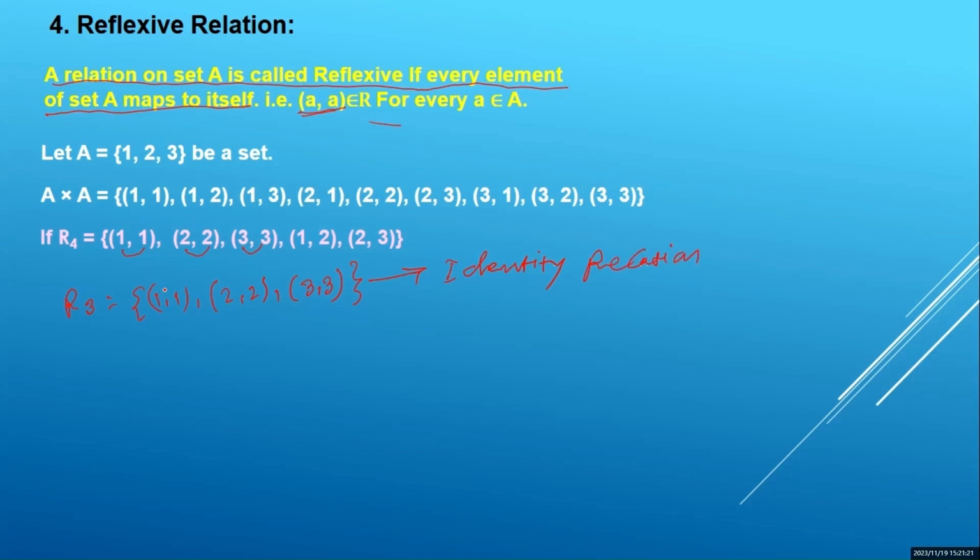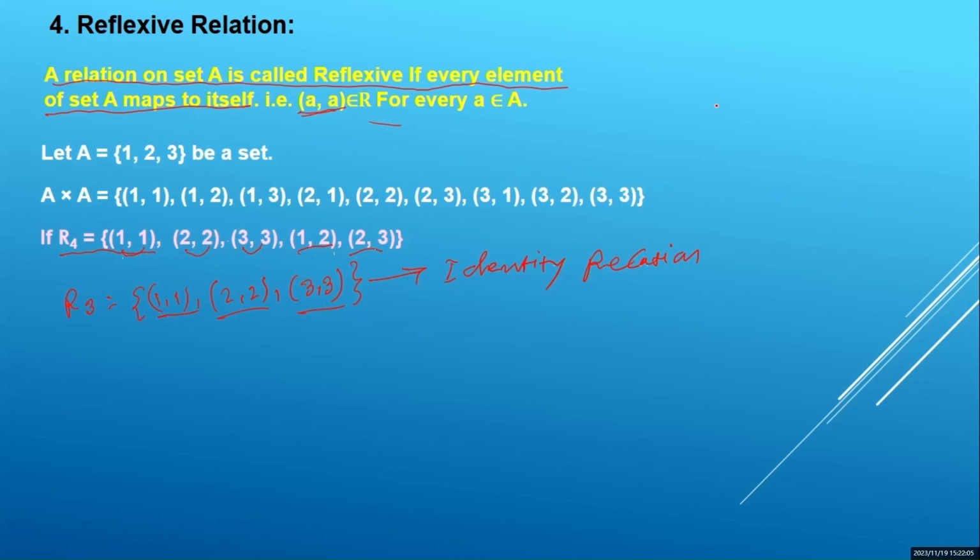There are only those ordered pairs in which an element is connected to the same element. 1 is connected to 1 only, 2 to 2 only, 3 to 3 only. But in R4, those ordered pairs (1, 1), (2, 2), (3, 3) are compulsory. More than that, there may or may not be elements like (1, 2), (2, 3).